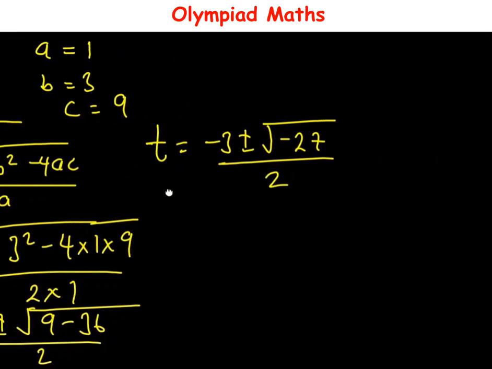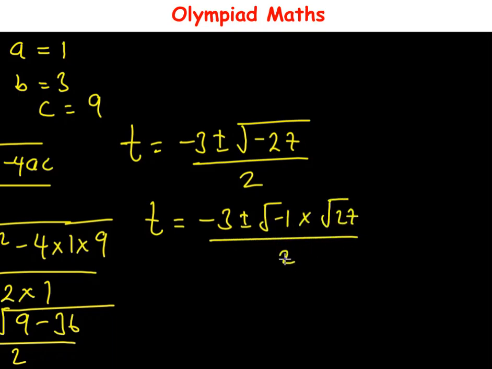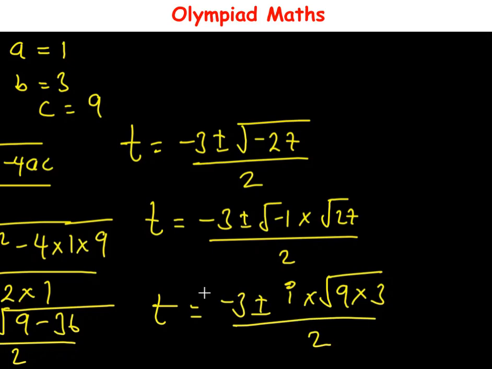And with this, the value of t is equal to minus 3 plus or minus, we can write this as root minus 1 times root 27 all over 2. From here, t is equal to minus 3 plus or minus root minus 1 is i times, we can write root 27 as root 9 times 3, then all over 2.